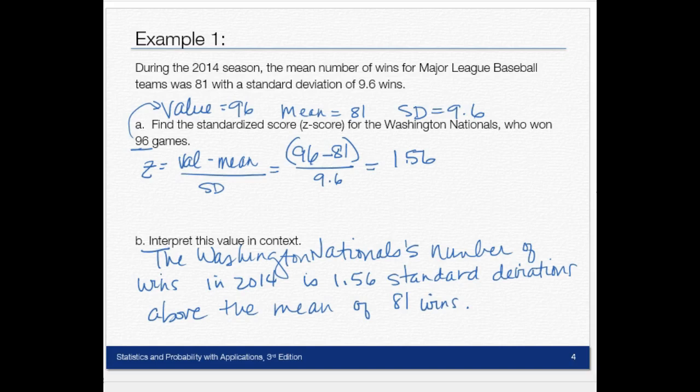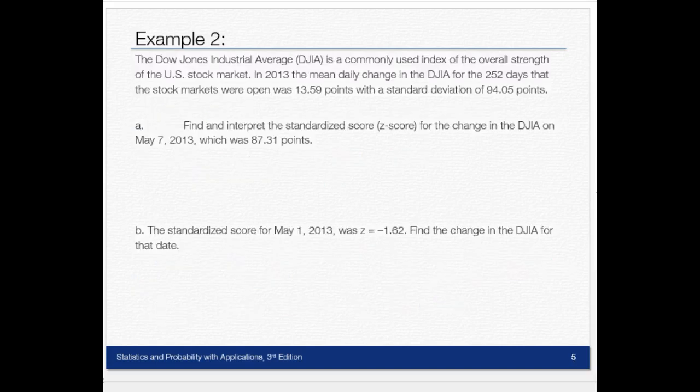Now let's try another one. The Dow Jones Industrial Average is a commonly used index of the overall strength of the U.S. stock market. In 2013, the mean daily average in the Dow Jones for the 252 days that the stock markets were open was 13.59 points, with a standard deviation of 94.05 points.